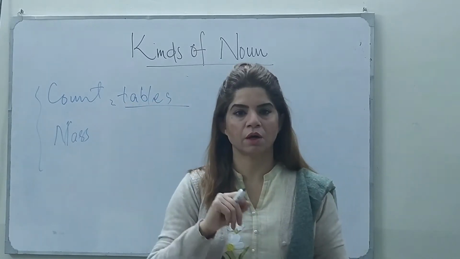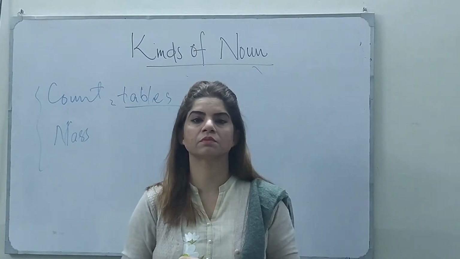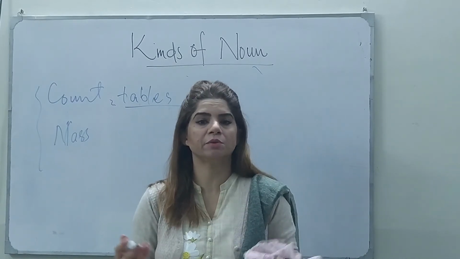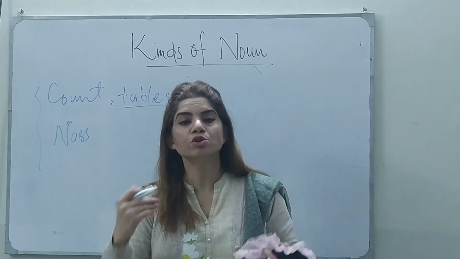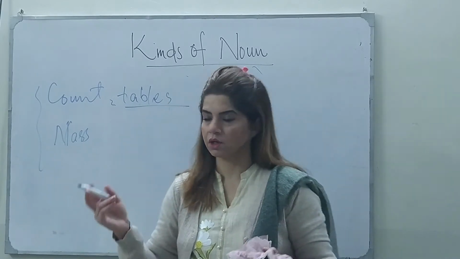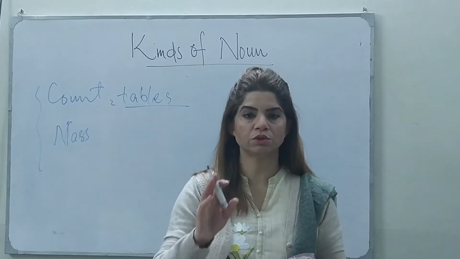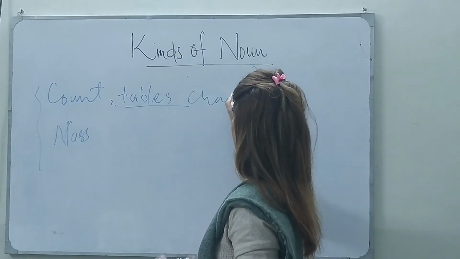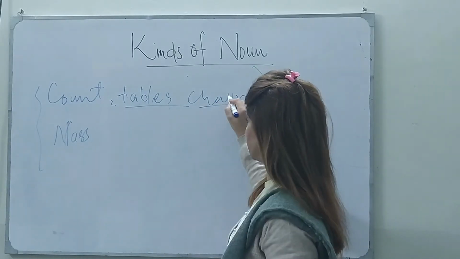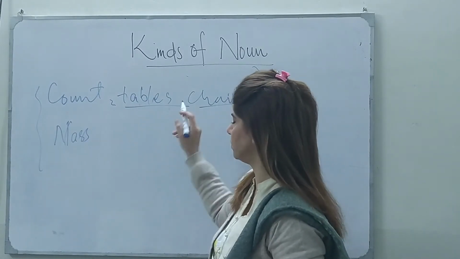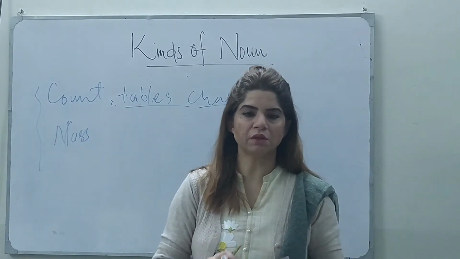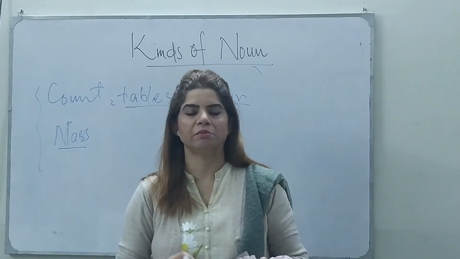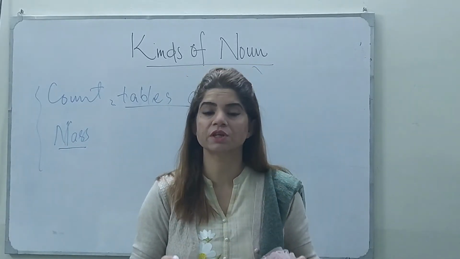You can put numbers and articles in front of them, like a table, one table, two chairs. So countable means the nouns that you can count easily. Count means the nouns that you can count, and mass means uncountable noun that you cannot count.